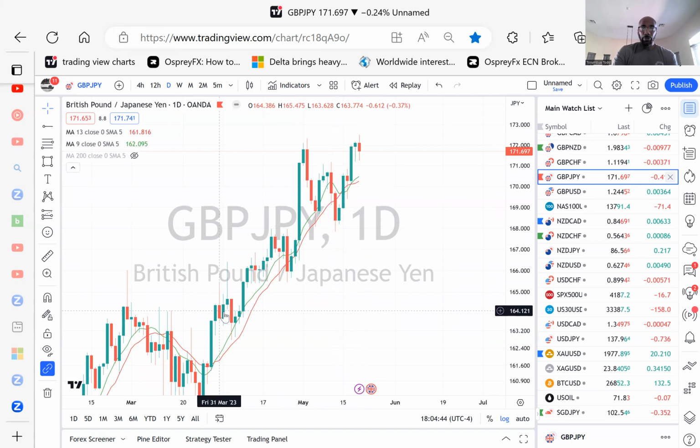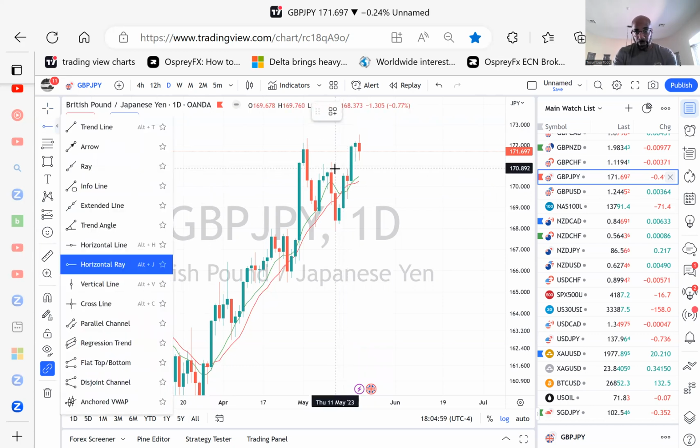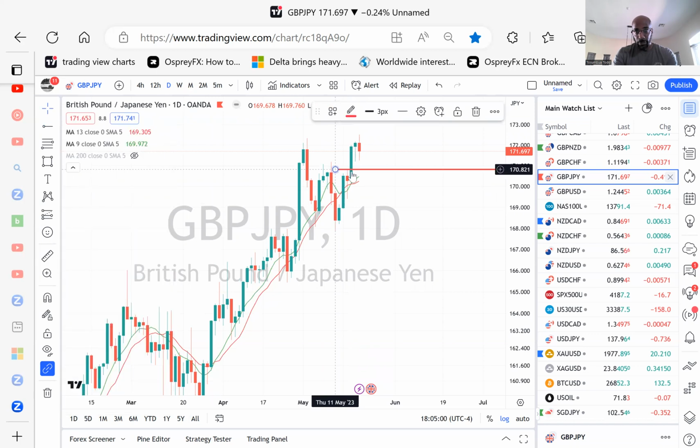So the way to read these charts is this way. The market is moving up, all right? The market comes up here, it pulls back. Notice that the wick of this red candle, I'm going to mark it with a line. The wick of this red candle stops right here. Then you get the green candle that breaks structure.